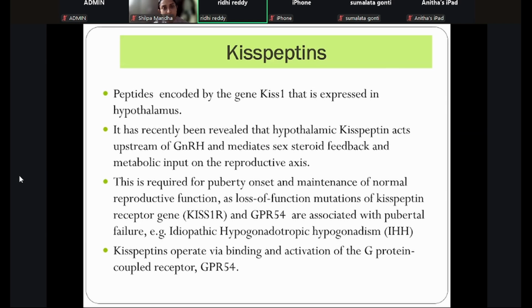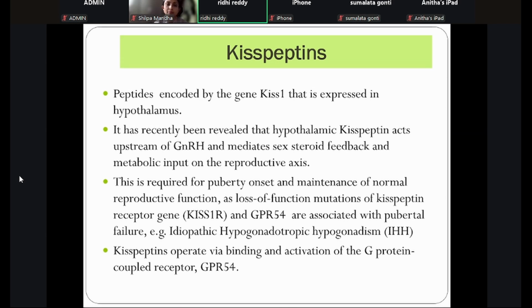So this GnRH hormone is regulated by neuropeptide Y and kisspeptins. These are peptides. Kisspeptins are encoded by the gene KISS1, which is expressed in the hypothalamus. Kisspeptin increases GnRH. Because GnRH neurons don't have direct receptors, through kisspeptin mediation they are activated or deactivated.